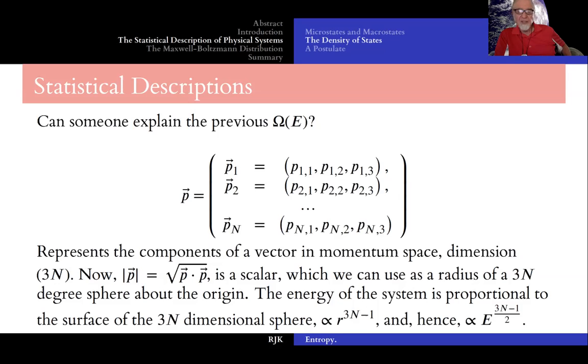Well, because you actually need to count in omega, you're counting the number of particles, in this case 100, divided by the volume of the momentum space, or actually in this case the surface of the 3n dimensional sphere. So the density of states is what will eventually show us the log of that to be the entropy. That's where we're eventually going to go.